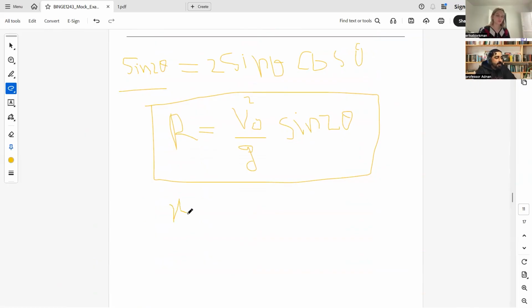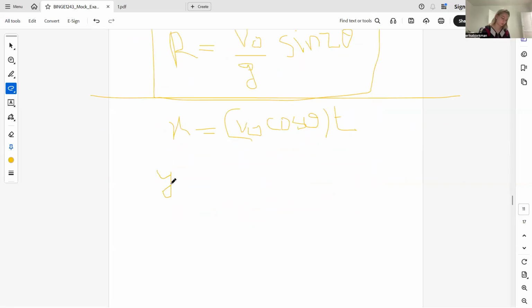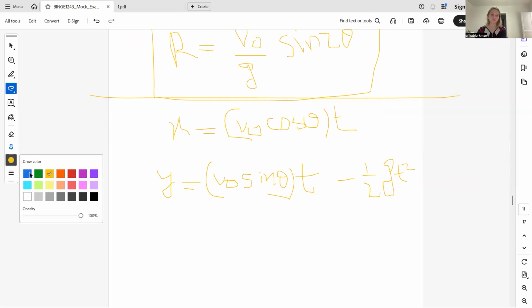I need to rewrite those two equations to clear the scenario. The first equation, for the horizontal distance, is x is equal to v naught cos theta into t. And the second equation is y is equal to v naught sine theta into t minus half g t square.